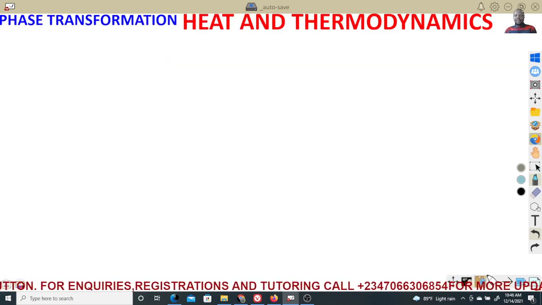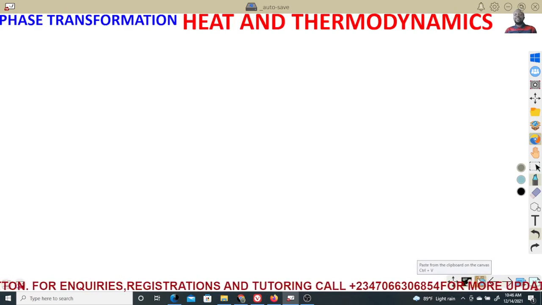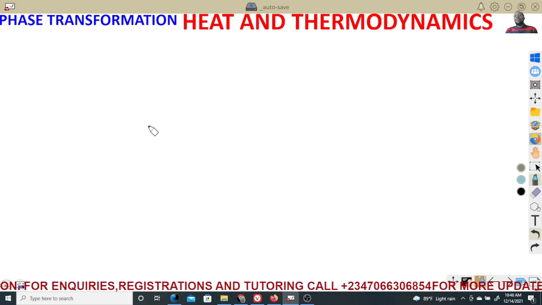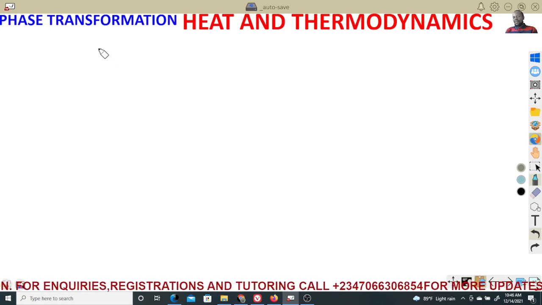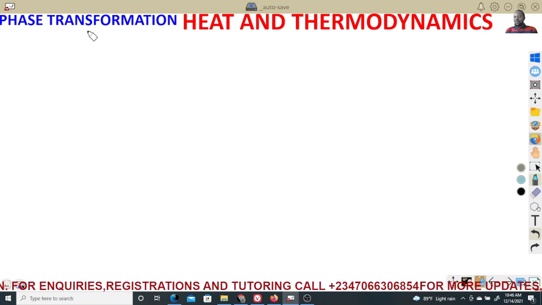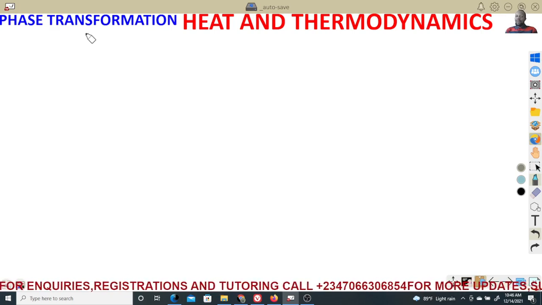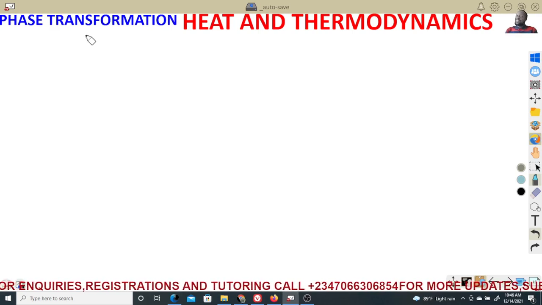Next, we have phase transformation. This is the second type of heat. When we talk about heat, we talk about the amount of heat required to raise the temperature of a substance. There's another type of heat that is supplied to a body without a change in temperature.